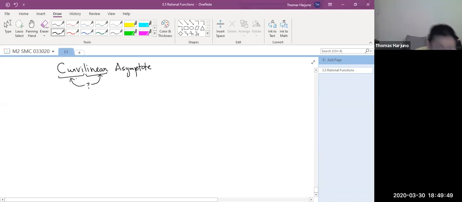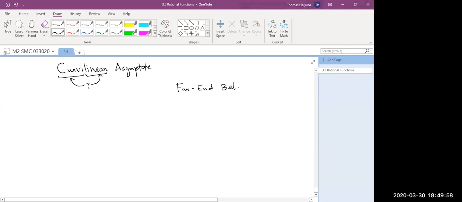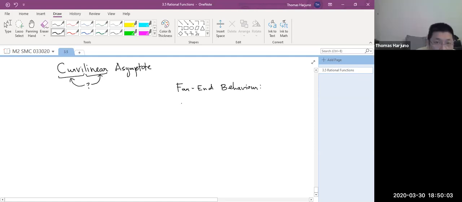Notice that when we did the far end behavior, we have either a horizontal asymptote or a slant asymptote. Horizontal asymptote y equals 0 if the degree on the top is less than the degree of the bottom.